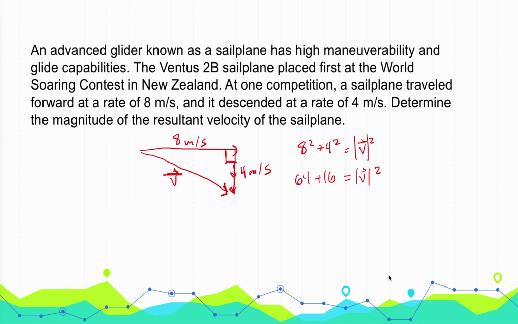So that is going to be 80 equals magnitude squared. So the magnitude of this vector is the square root of 80, which is going to be a little bit less than 9. 8.9. Don't forget your units.